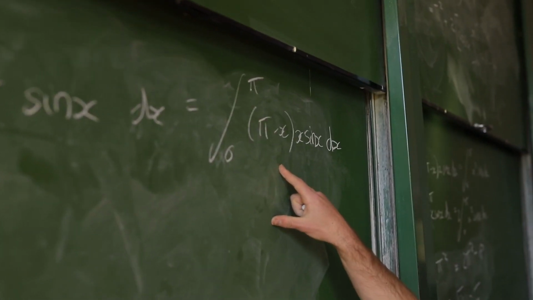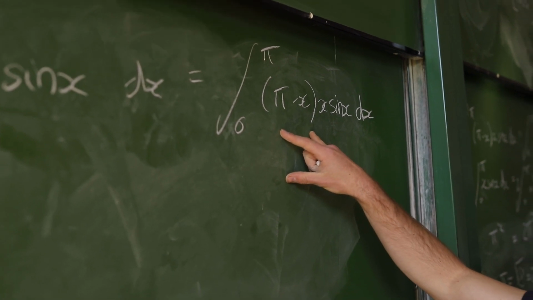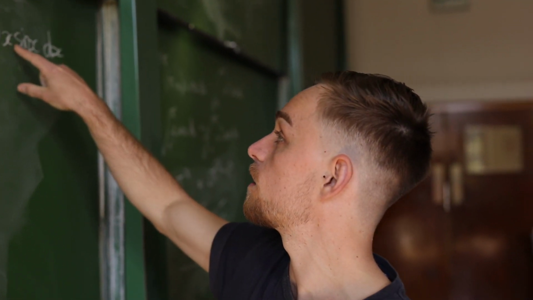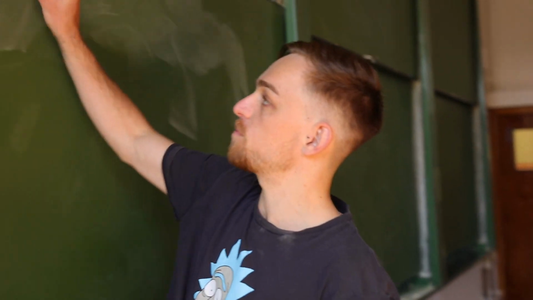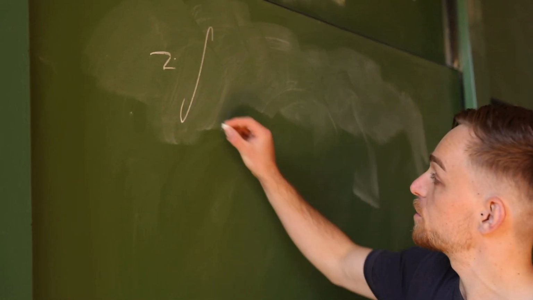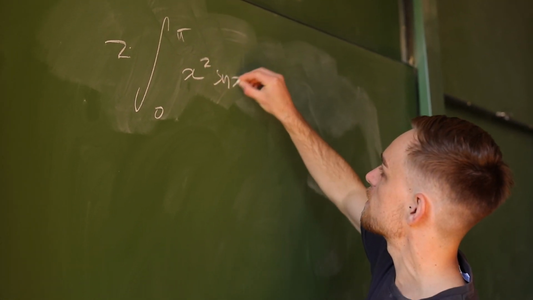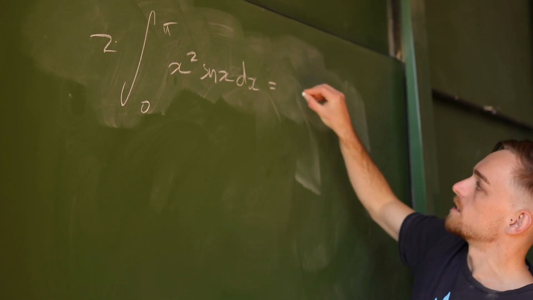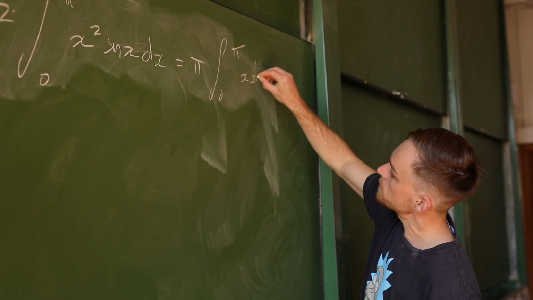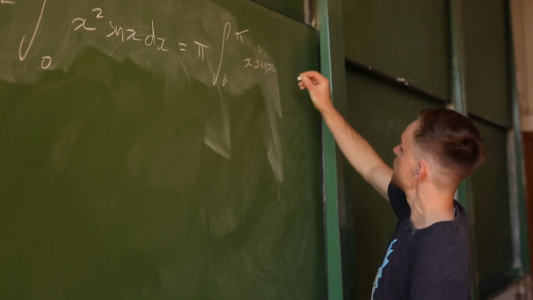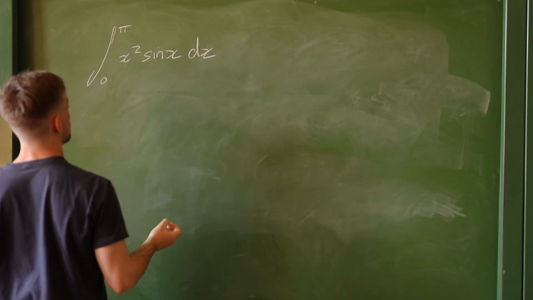And we can actually simplify this a little bit, because if we split this integral up, we end up with an x squared sine x, which is the same as that integral on that side. So our relation then becomes 2 times the integral from 0 to pi of x squared sine x dx is equal to pi times the integral from 0 to pi of x sine x dx. So all we need to do now is solve these integrals.